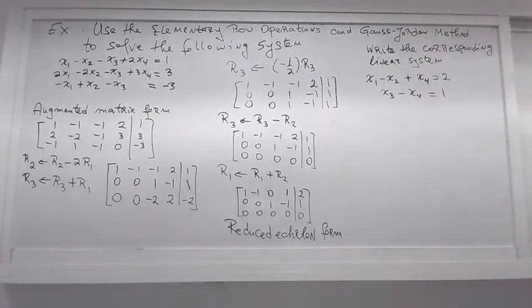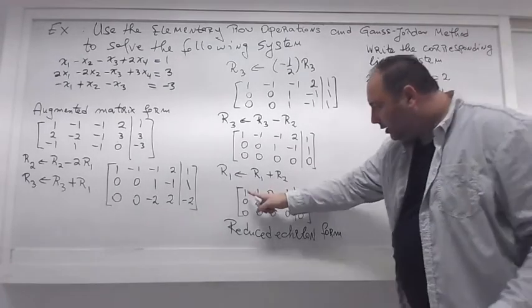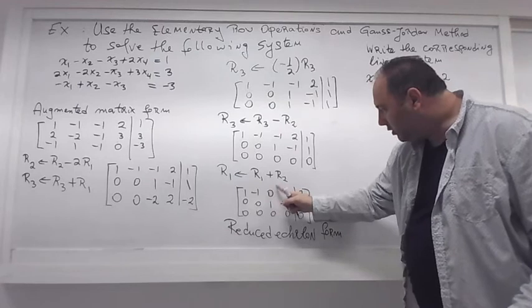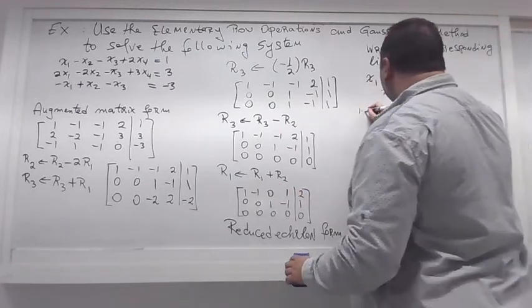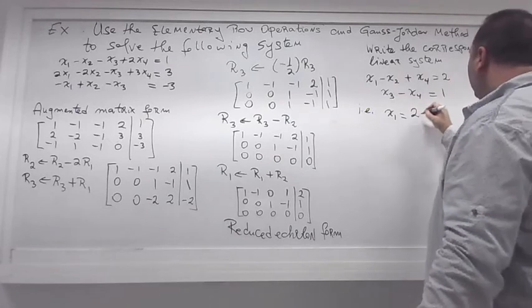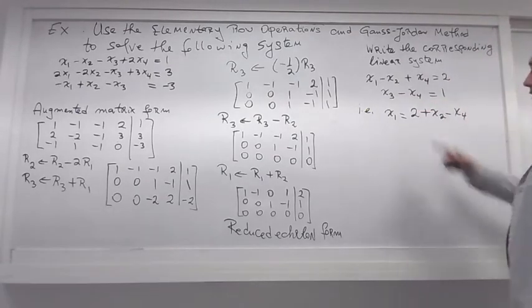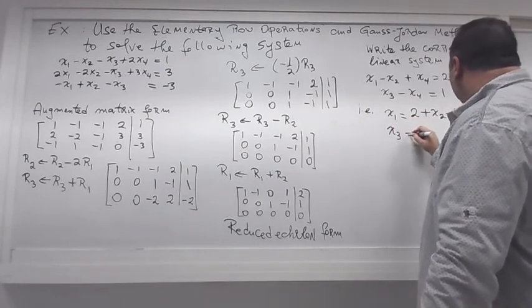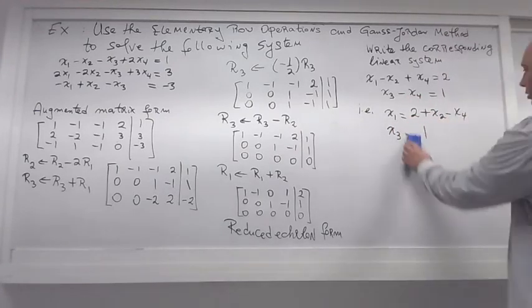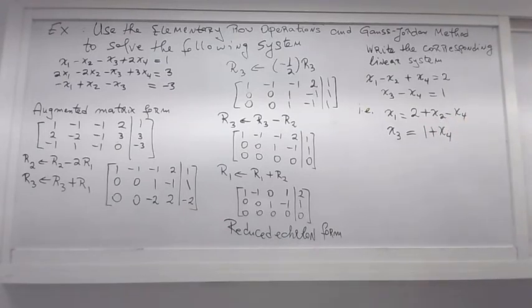After that is 0, 0 equals 0, doesn't matter. So from here, I need to write an expression for x1 and expression for x3. Okay, x1 is 2 plus x2 minus x4, and x3 is 1, so write it plus x4. Be careful with the signs.